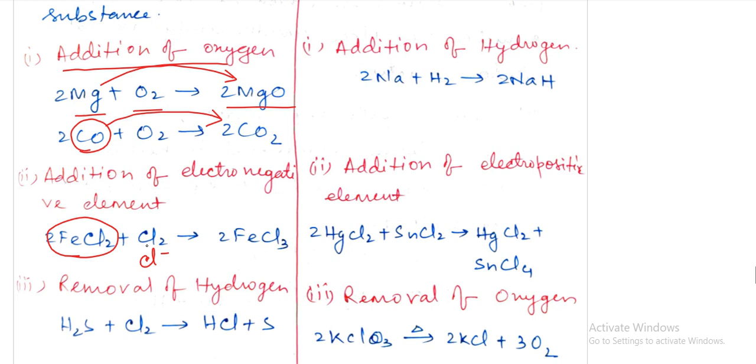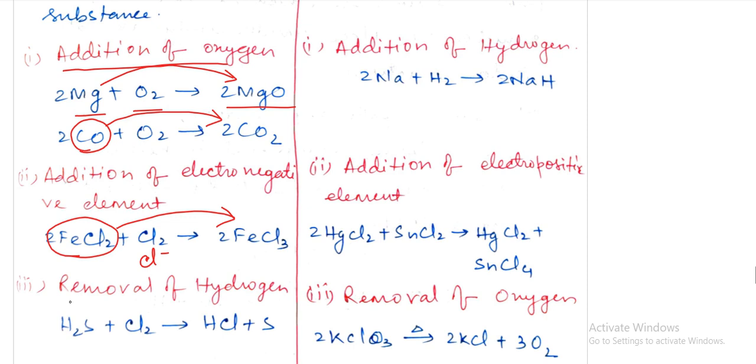After it is added to FeCl2, it forms ferric chloride. So ferrous chloride is oxidized to form ferric chloride, because Cl minus, an electronegative element, is added.